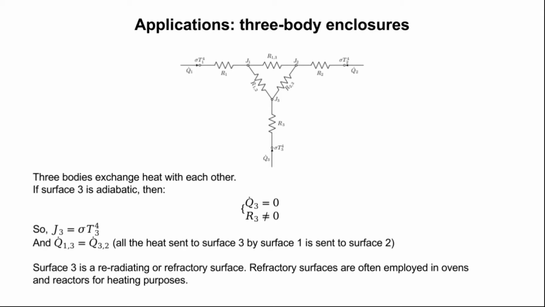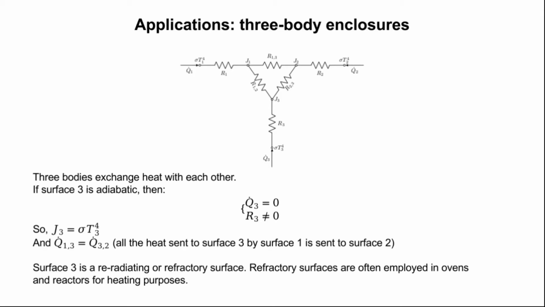Let's look at one last application for this chapter. Three-body enclosures. As the name suggests, they consist of three bodies exchanging heat with each other. Like in the scheme in the figure above, if one of the surfaces, for example surface 3, is adiabatic, then there is no heat flow passing through it, while its surface resistance is still not null.